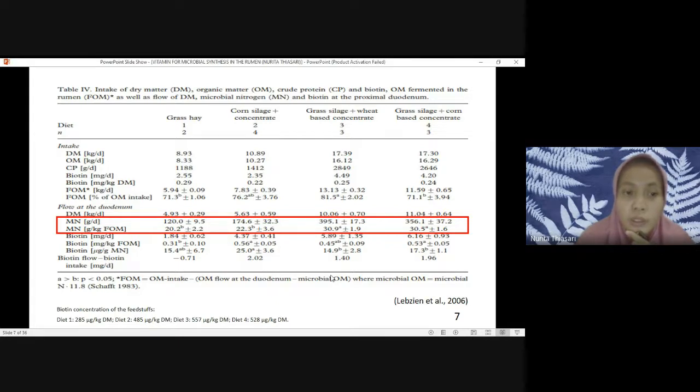And with the addition of the vitamin B, as I mentioned before, the cofactor enzyme for the microbial protein synthesis, if they meet together, I mean the energy, protein, and the vitamin as the cofactor, it will have the highest result of the microbial protein synthesis.